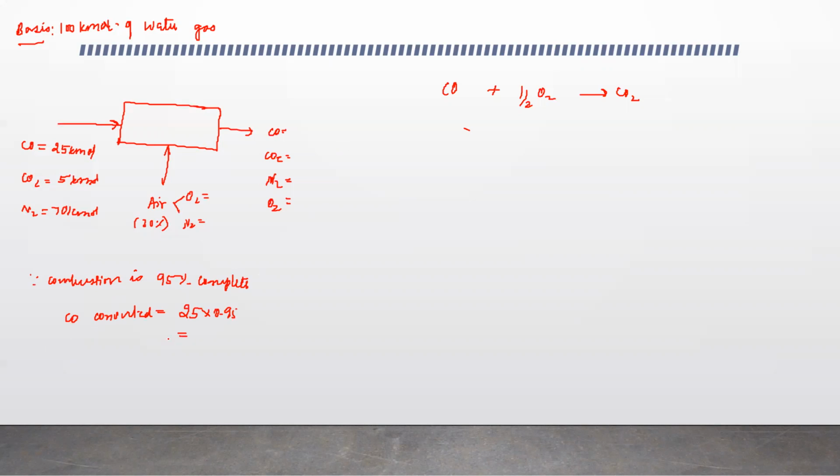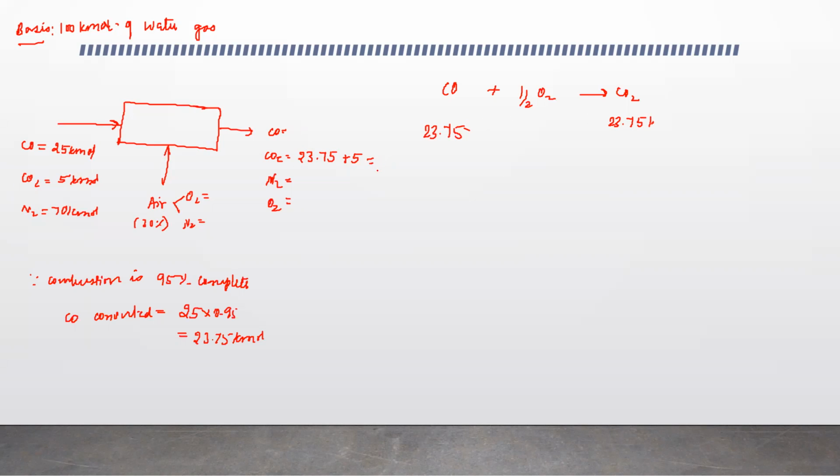95% of this is 23.75 kilomole. So 23.75 kilomole of carbon monoxide is going to participate here, and it would give you 23.75 kilomoles of carbon dioxide. Plus 5 kilomole, we already have carbon dioxide.